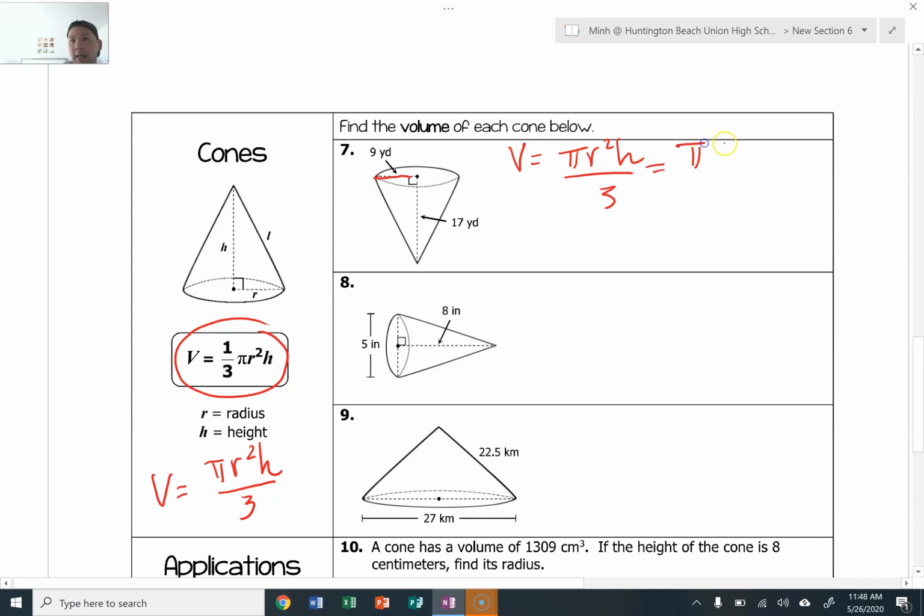So that's pi times 9 squared. How tall is it? That's going to be 17 because it's going straight up and down. And divided by 3. Multiply everything in the numerator, press enter in the calculator, then divide by 3. You should get an answer of 1,441.99 cubic yards.